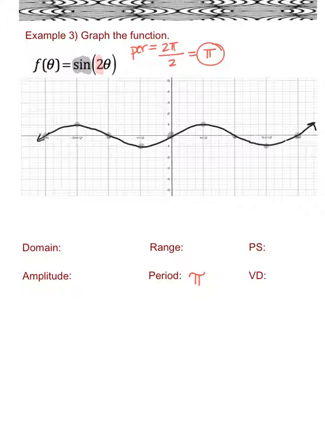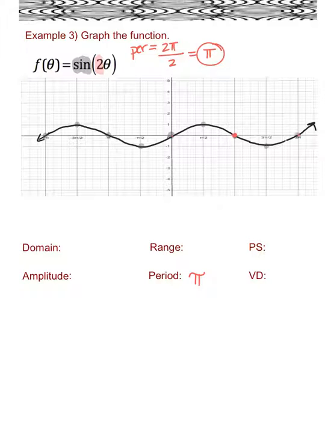All right, so here's my sine function, my original. Now what I need to do is I need the wave that's occurring from 0 to 2 pi, I need to shrink it down so that it ends here at pi. I need to have one wave from 0 to pi and another wave from pi to 2 pi.